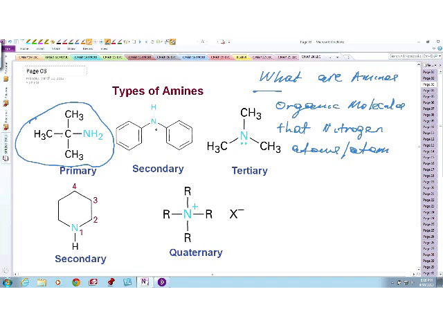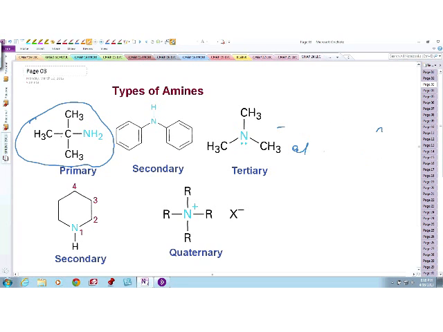As you can also see, we have 4 different types of amines. If you take a further look at these molecules, you will find they are essentially derivatives of ammonia.